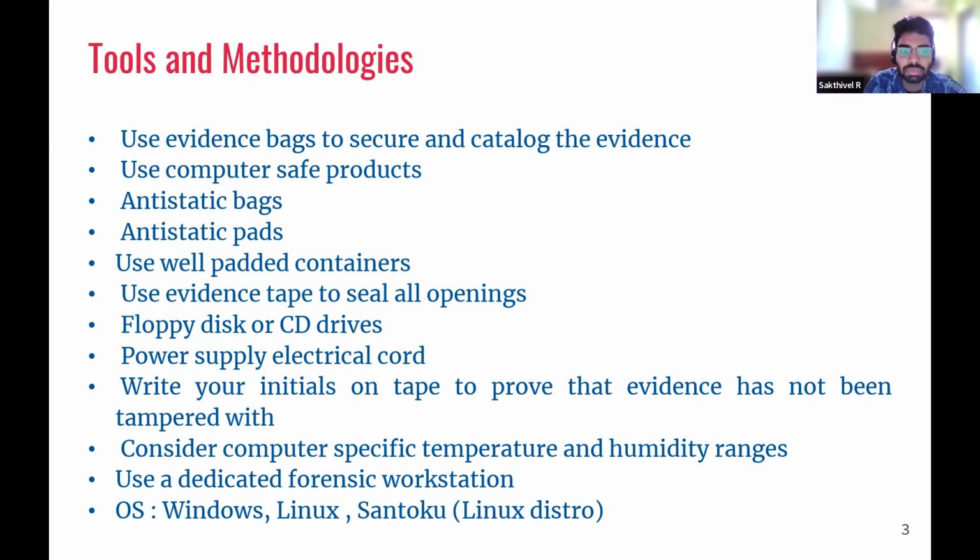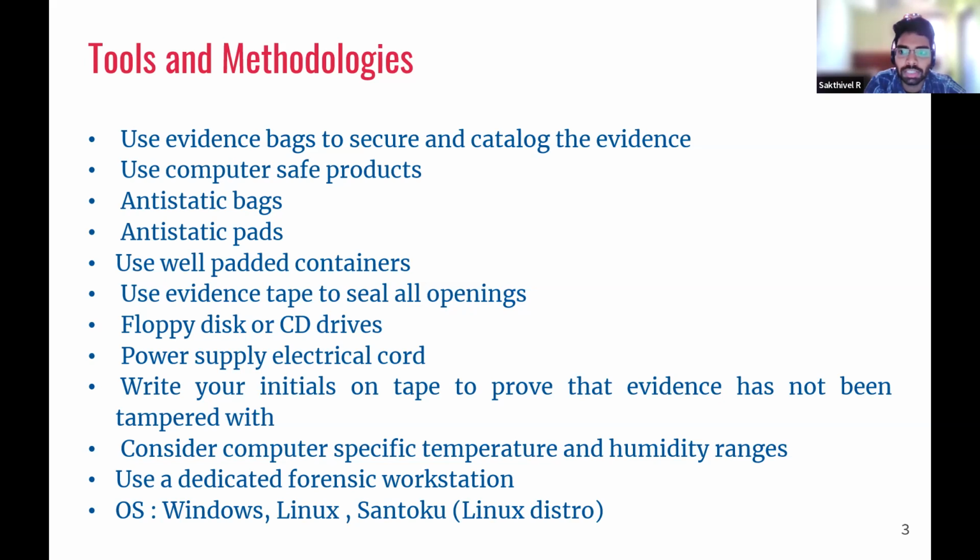Both are pretty much similar, just varying according to size. This is mainly used when you acquire a phone from the crime scene, in order to avoid radiation or any remote access to the particular device.